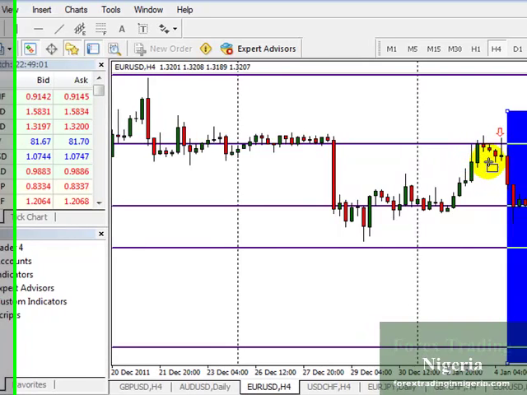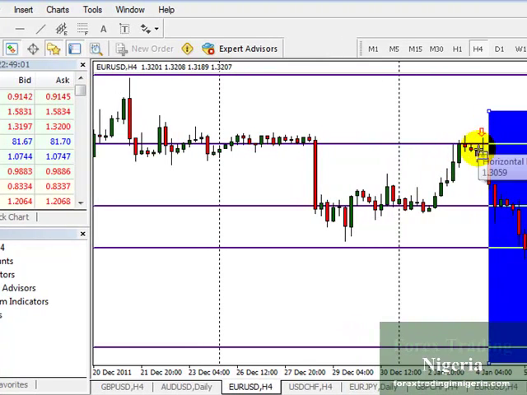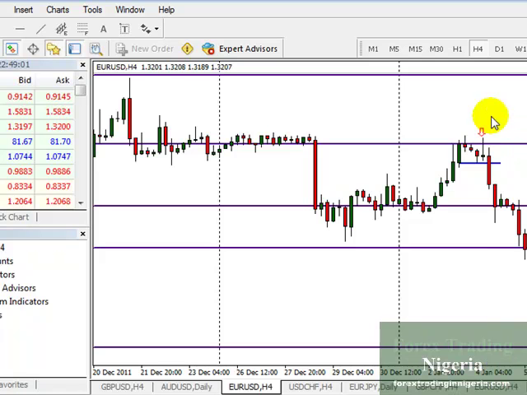After the formation of this pin bar, once we confirm this pin bar, what we're going to do is place a sell stop. Look at this line. Sell stop at this point. Let me delete this blue arrow, so you see what I'm talking about.